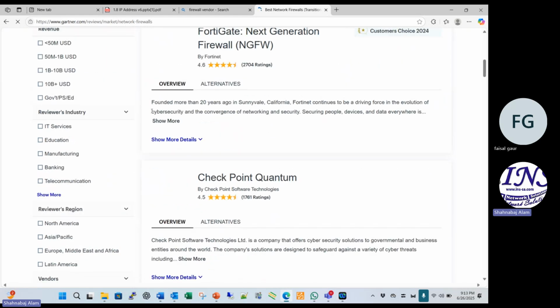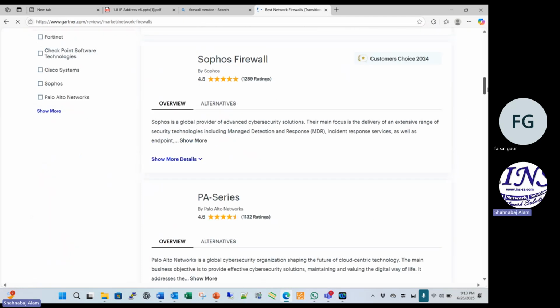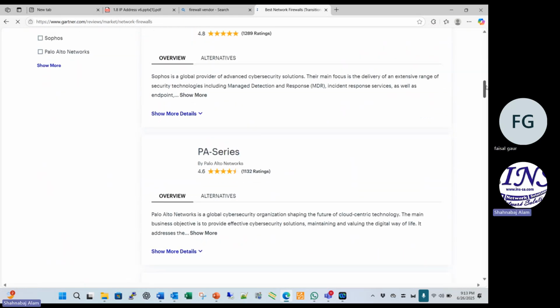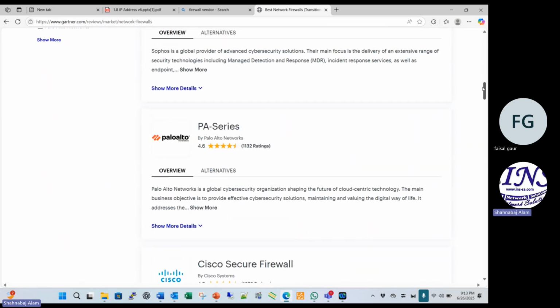You can also see here, founded more than 20 years ago, Checkpoint is a software technology company that offers cybersecurity solutions to governments and businesses around the world. And we also see this one, the PA series.